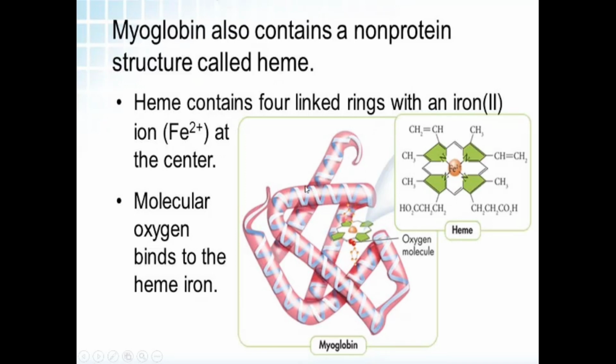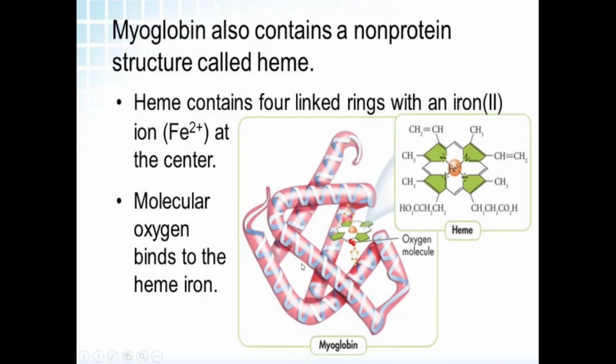We said we have myoglobin within the sarcoplasm. Actually, myoglobin is a protein conjugated with a non-protein structure called heme. And heme, you know, has iron within its structure, and iron can attach to oxygen, so they can store the oxygen within the cytoplasm and supply oxygen for muscle contractions.